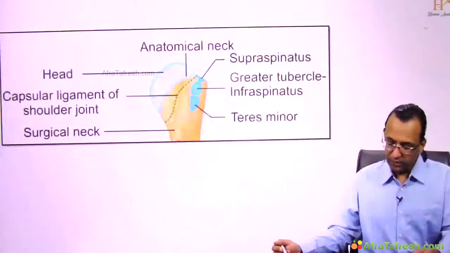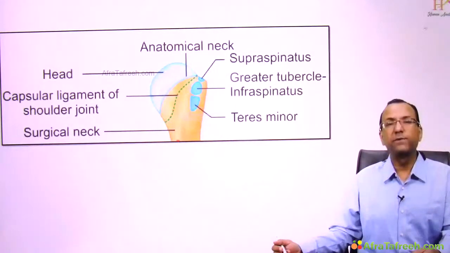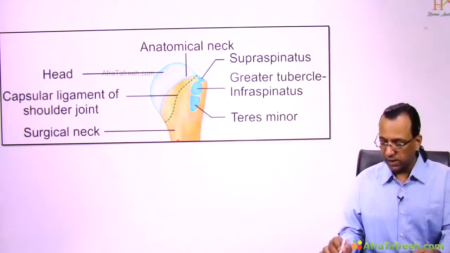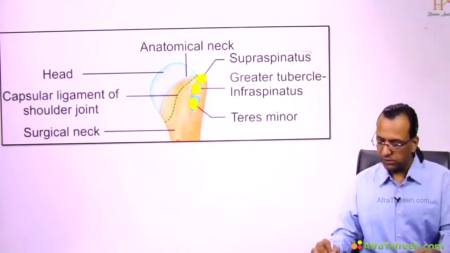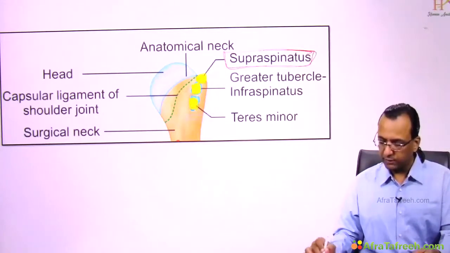Now as you move further, look at the humerus from the posterior side to discuss the SITS muscles sitting on the greater tubercle. The S stands for supraspinatus. Then you have the infraspinatus and the teres minor.